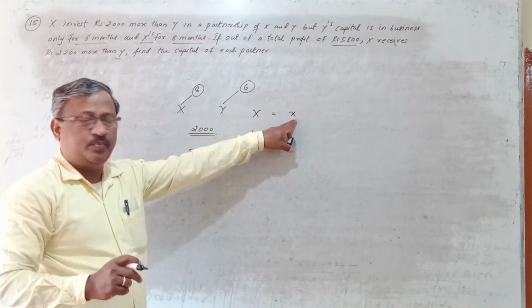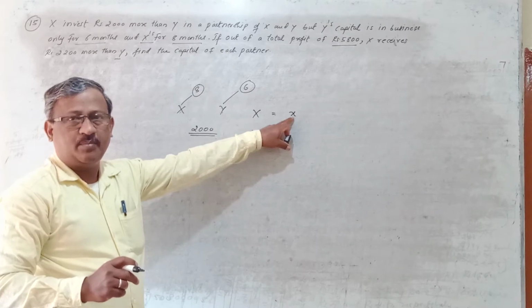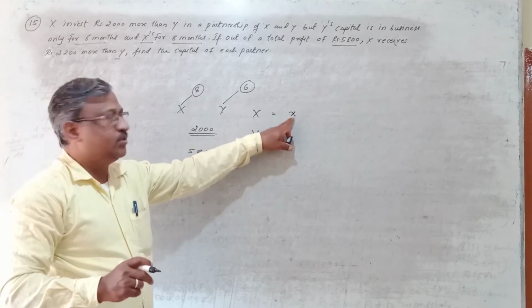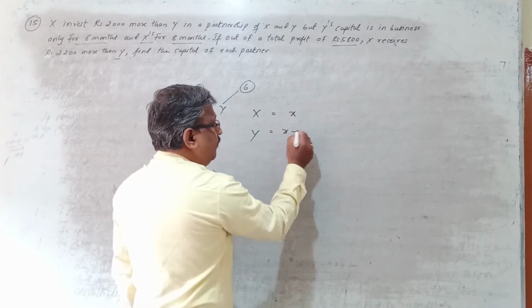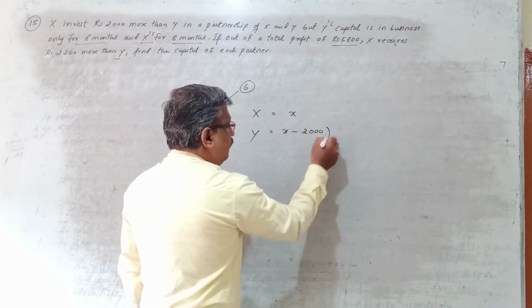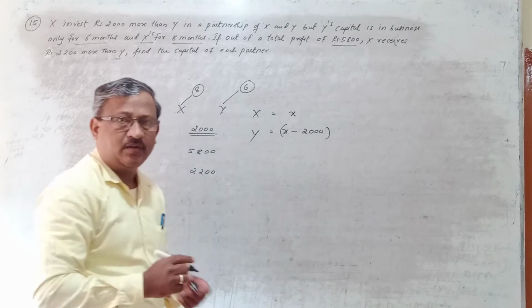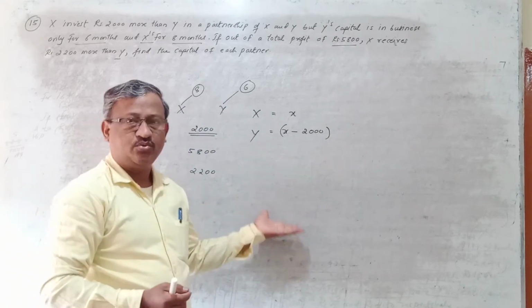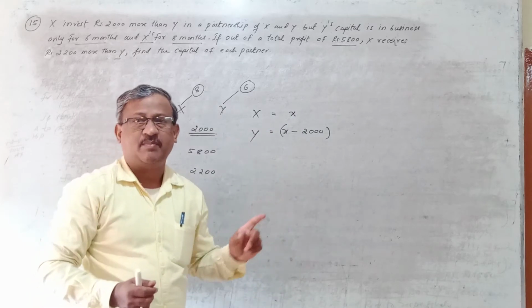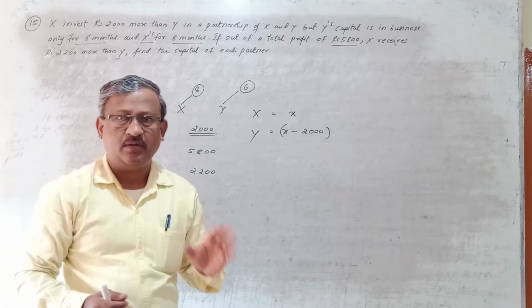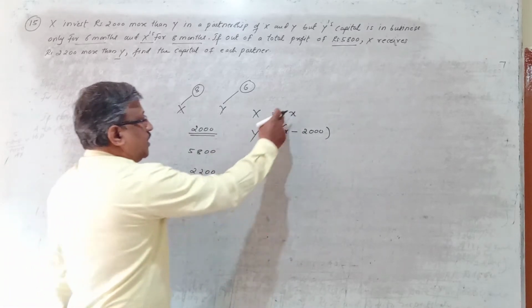Means from X's capital, if you minus 2000 rupees, we get Y's capital. Like this I can assume the capitals. If X's capital is x, then Y's capital must be x minus 2000. Clear? So these are the capitals.